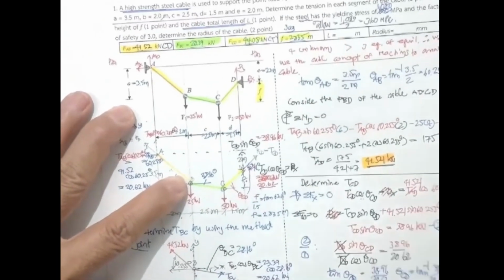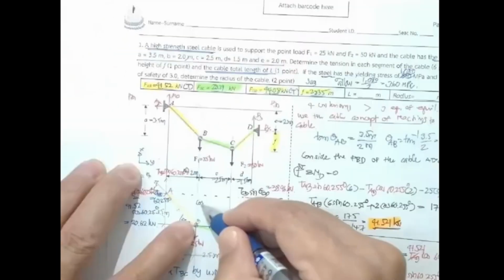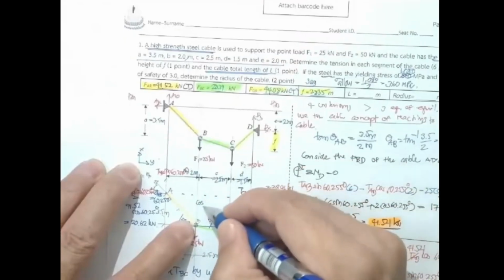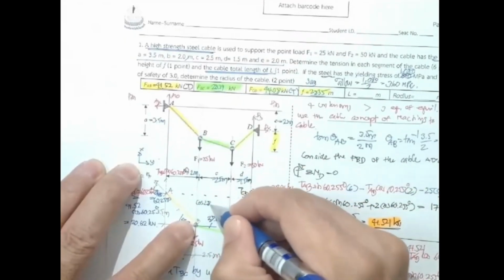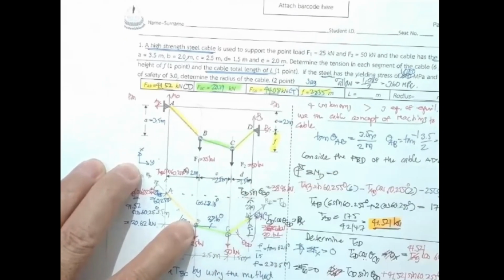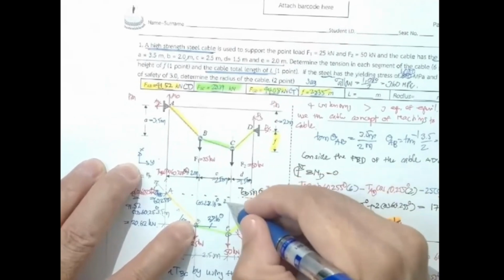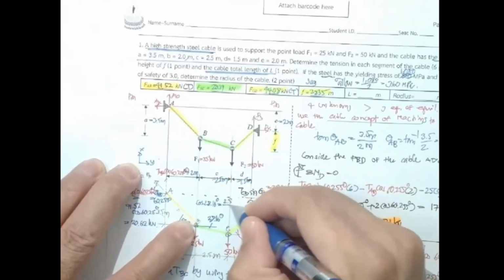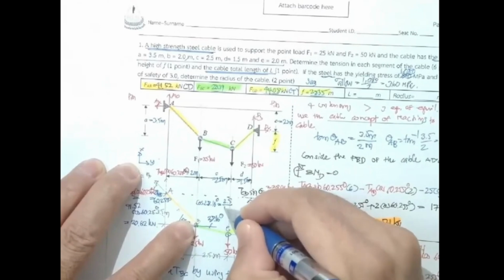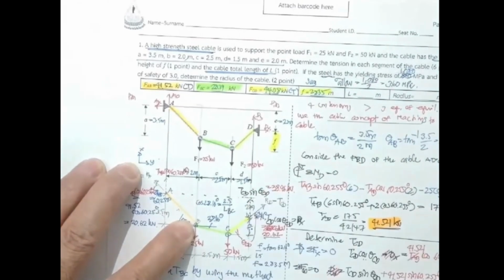If you say cosine of 28.16 degree, it's going to be equal to the length here. That is 2.5 divided by L sub BC, right? It's going to be horizontal length divided by the length of the cable.